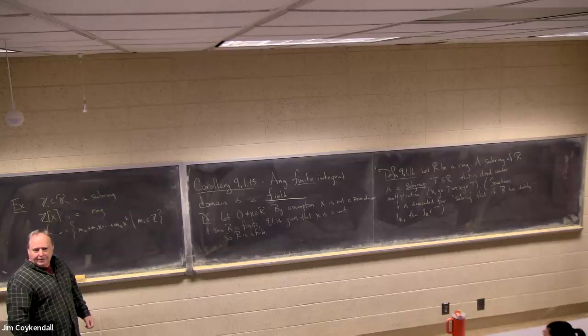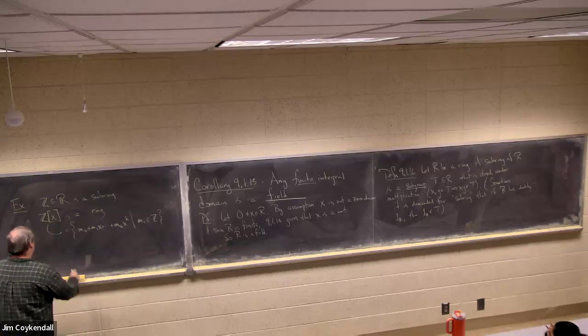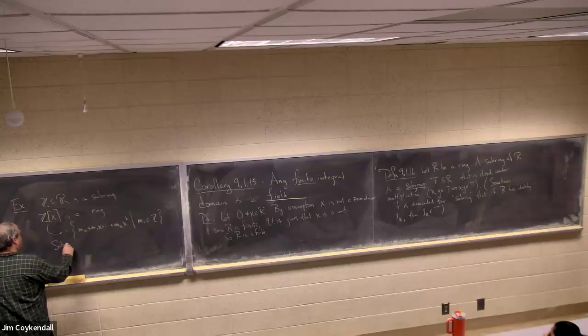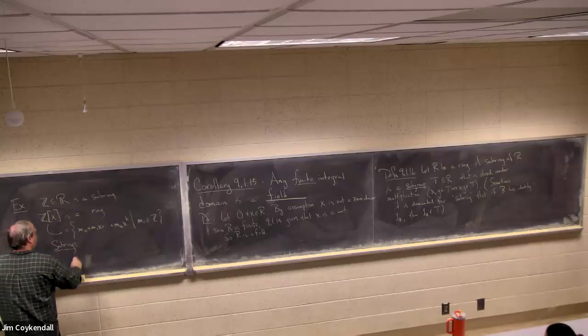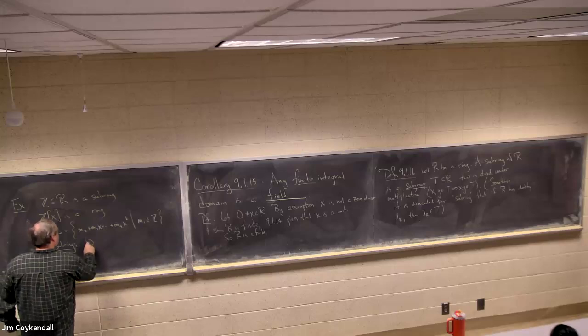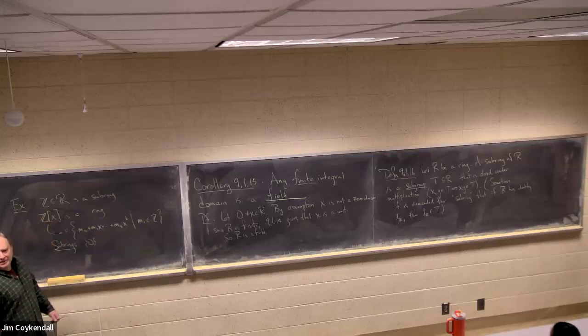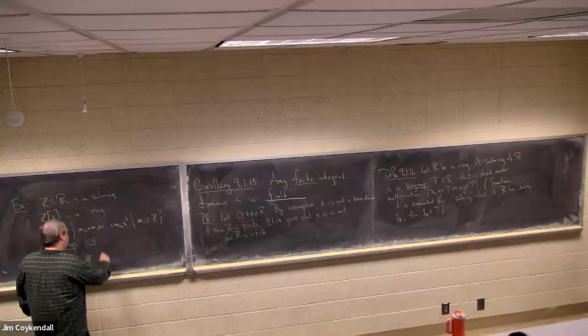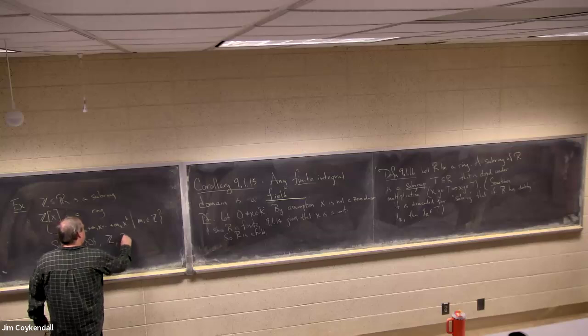Can somebody name me some subrings of this? Oh, there's a lot. Zero. There's a subring of that. That's one that doesn't have the identity for sure. Z, 2Z.